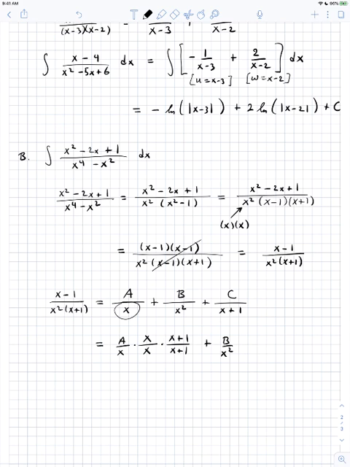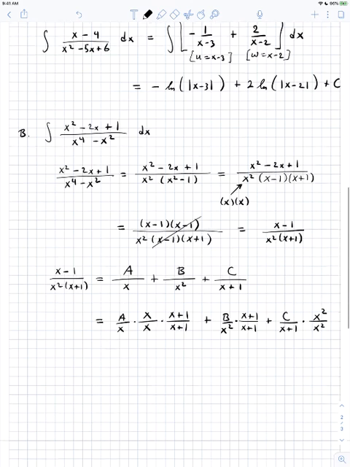You don't need to multiply it by x because it's already got two of them. But you do need to multiply it by x plus 1. So you have to put that in the numerator as well. And then finally, plus c over x plus 1. And the thing that this is lacking, I want to make it look like my original denominator. My original denominator had x squared times x plus 1. The thing I'm missing is the x squared.